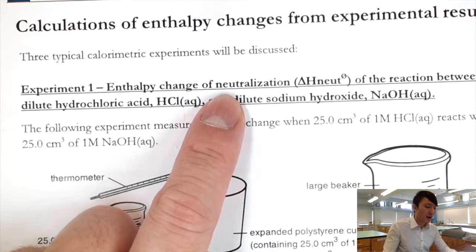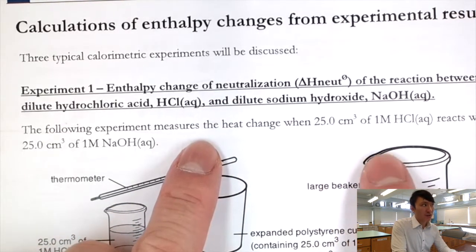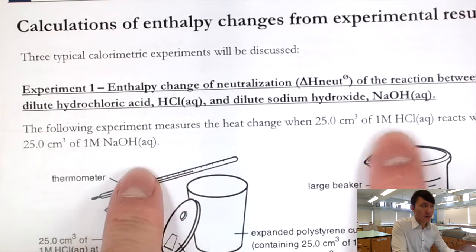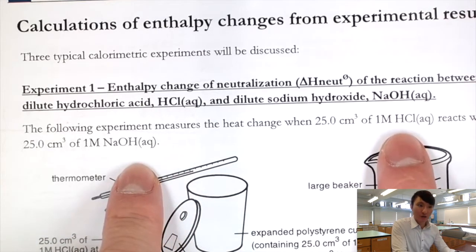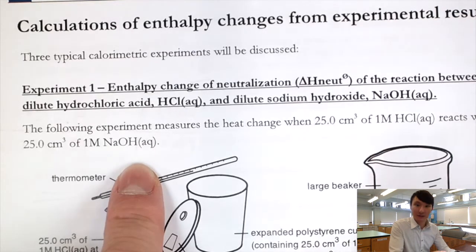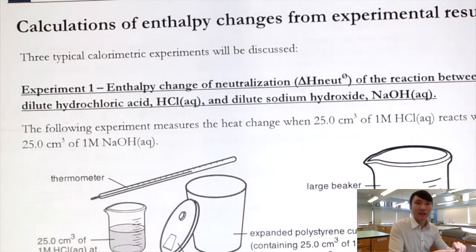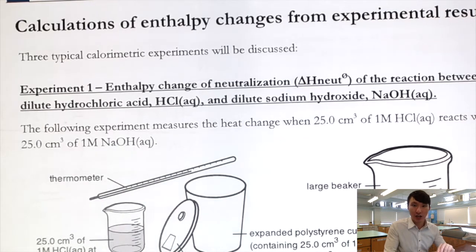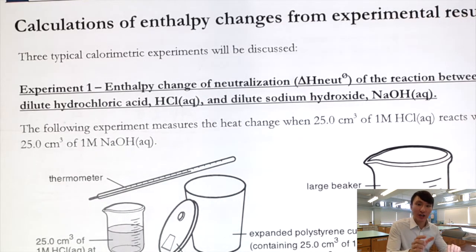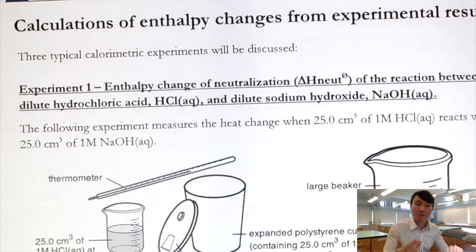So that's why after we find out the heat change of this particular reaction, we also need to find out how many moles of water is formed in this particular experiment. And then we want to translate the heat change into enthalpy change by having the heat change divided by the number of mole of water formed. Then at the end we can find out the enthalpy change per mole of water formed. So this is the idea.